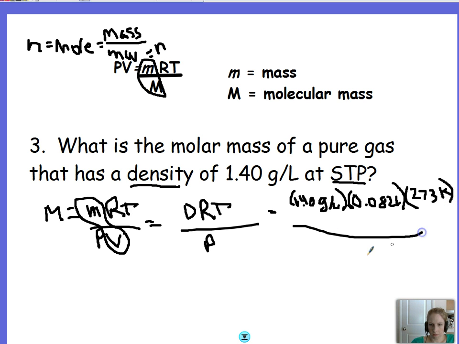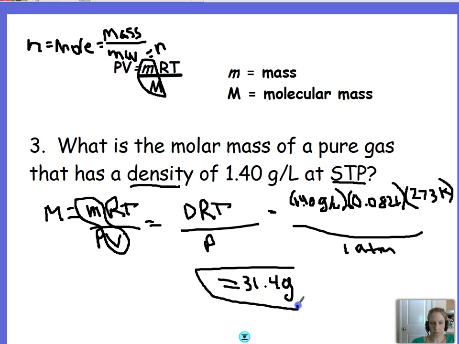And it's all going to be over 1 atm. See why I chose atm? Makes the math real nice. So 1.4 times 0.0821 times 273 is going to give us a molar mass of 31.4 grams. Lots we can do with this equation.